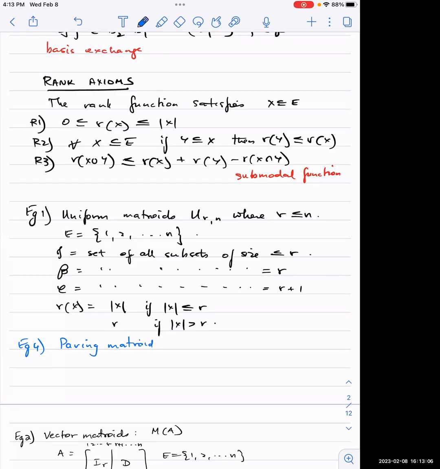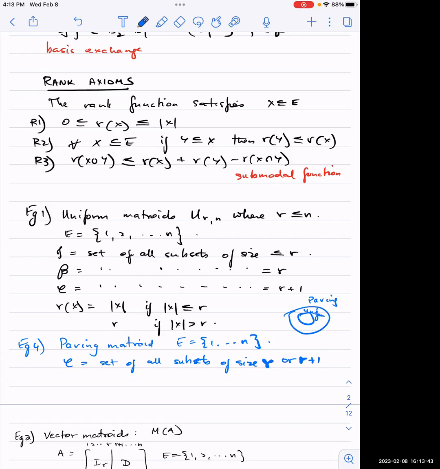And this one is, if E equals 1 to n again, but let the circuits be the set of all subsets of size r or r plus 1. So it contains the uniform matroids. So the uniform matroids are a proper subset of that, right?